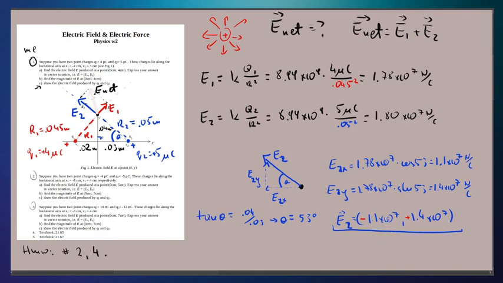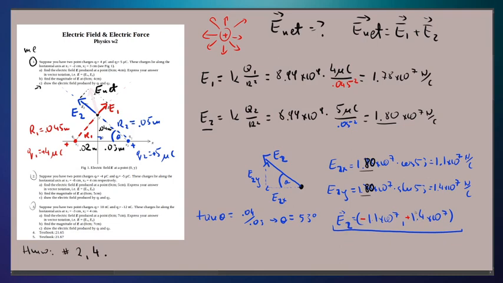But I guess I should at least be consistent with the numbers. So if this is E2, then this really should be 1.80. These must be very close anyways. Let's double check this. Yeah, so really nothing changes here, but just be consistent with the numbers. So what I was doing is E2, therefore 1.8 is what I should have here. Okay, so this is correct. E2 here is negative 1.1 for the x component and then positive 1.4 for the y component.